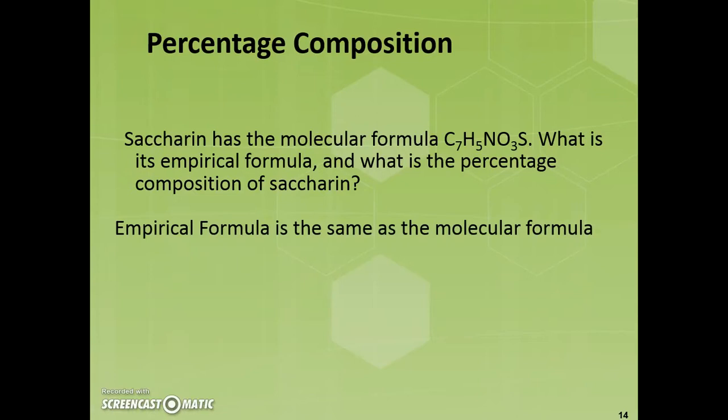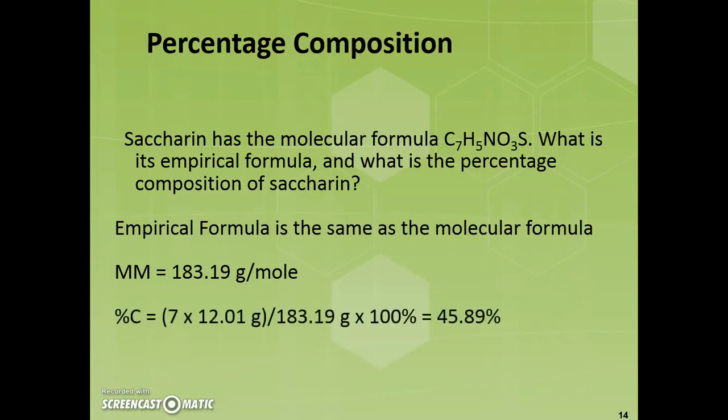And we can go through and find the percentage composition by first getting the molar mass, 183.19. And our percent carbon is just take the coefficient, 7 times the molar mass of carbon, divided by 183.19 times 100%, it's about 46% carbon.